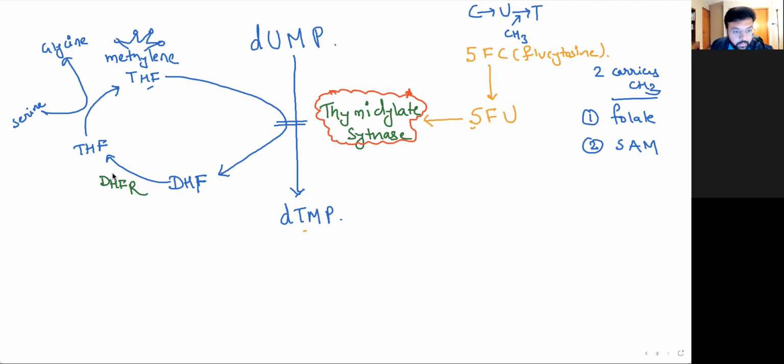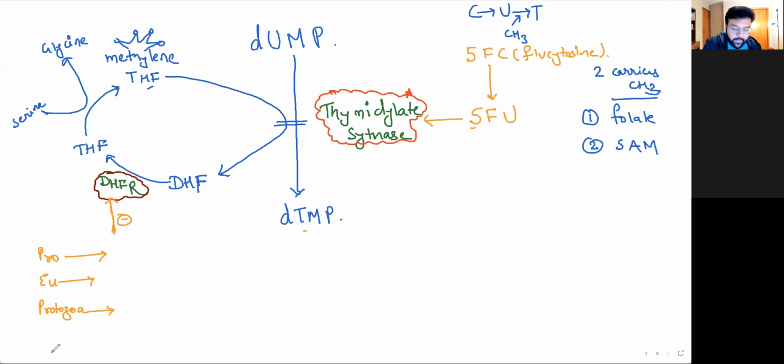Dihydrofolate reductase is an enzyme which can help to reduce DHF into THF. Very important, because we have drugs which can inhibit this enzyme depending on the species, depending on whether you are prokaryote, eukaryote, or protozoa. Tell me any drug you know which can inhibit dihydrofolate reductase.